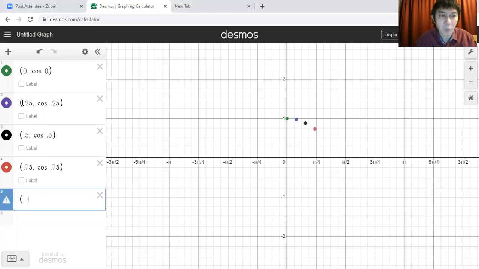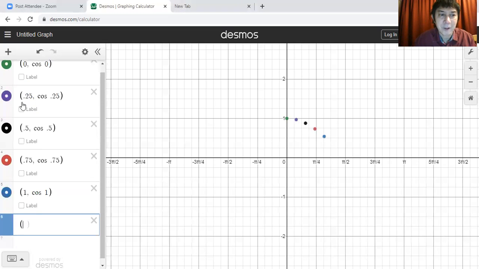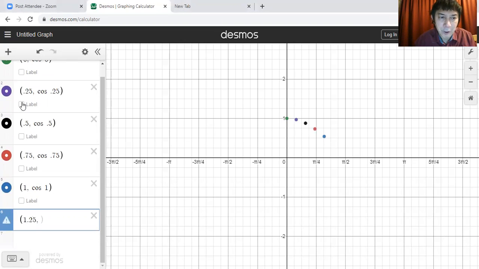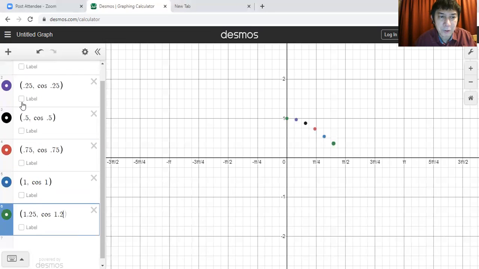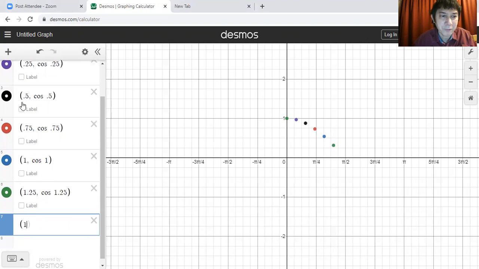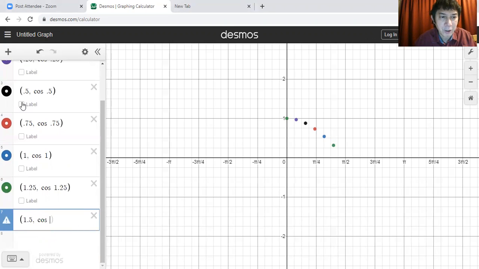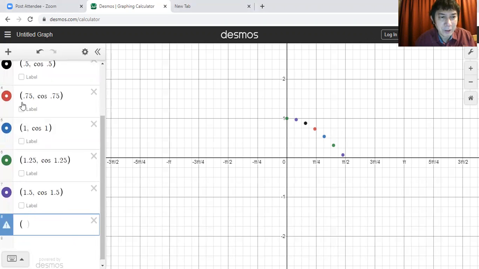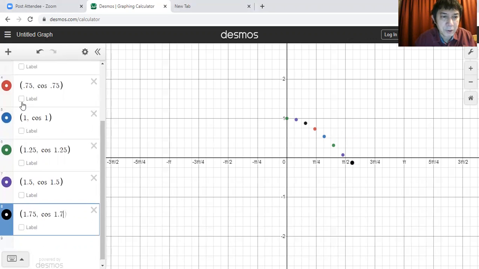Next is 1, and then cosine 1. Next, 1.25, and then cosine 1.25. There. Next, let's have 1.5, cosine 1.5. Next, 1.75, cosine 1.75.